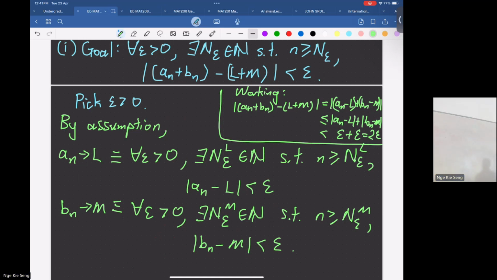Why not? Which epsilon in particular? Let's say I want epsilon. Now it is 2 epsilon. So what kind of epsilon can I pick here?